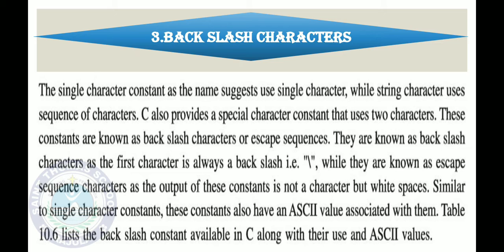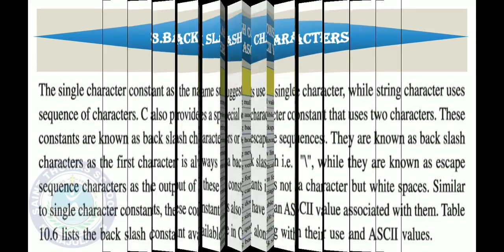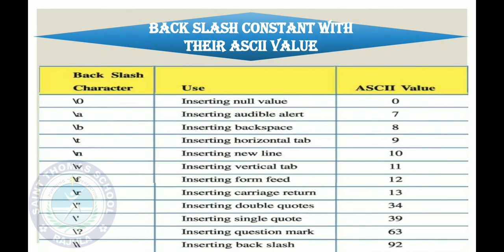Then, similar to single character constants, these character constants also have an ASCII value associated with them. Every backslash character is assigned a numeric value, that is the ASCII value. And here we will see examples of these backslash characters with their ASCII values.